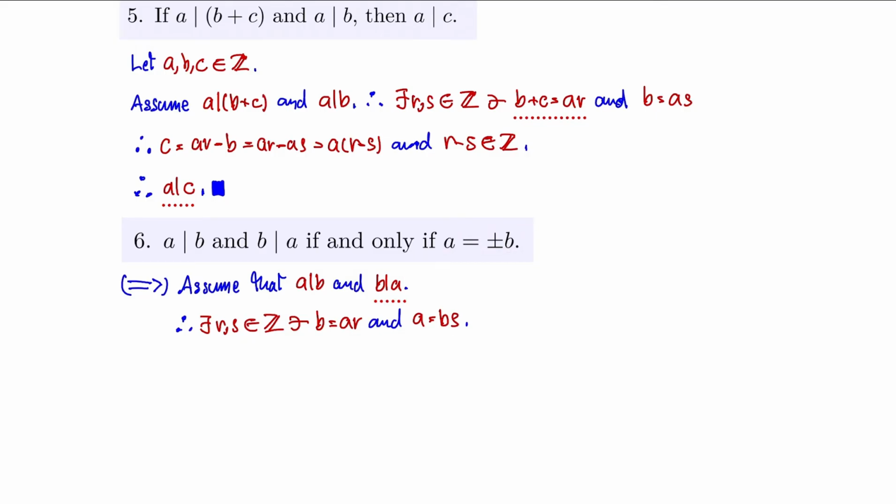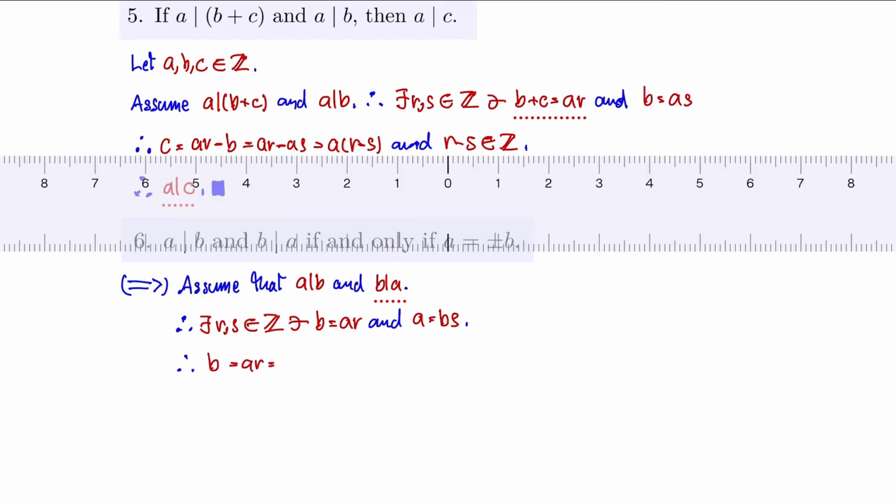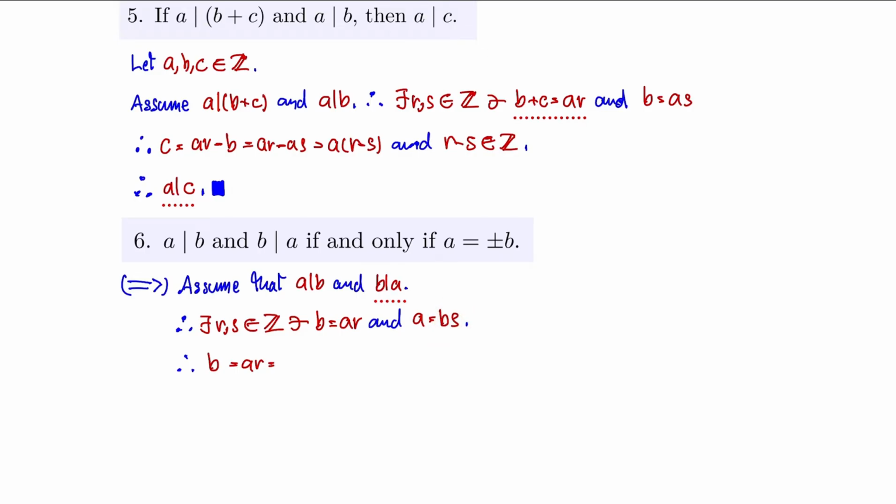So I want to start with B. Our B is AR, and A is BS, so it is BS times R. So now we have B equals BSR.